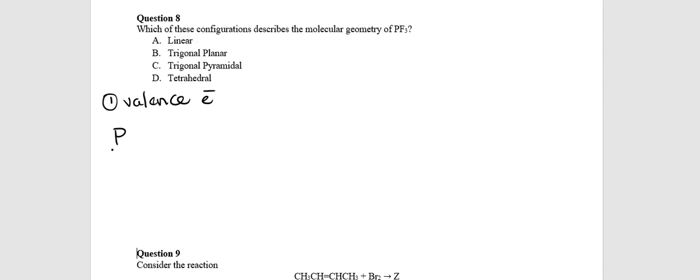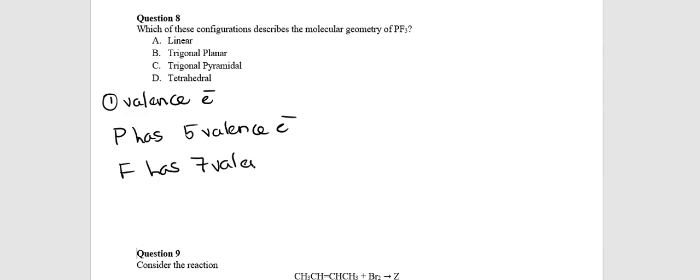All right, P has 5 valence electrons. If you want to know how many valence electrons P has, try to find it on the periodic table. It is right below nitrogen, so in the same group, which means it has the same number of valence electrons, which is 5. And fluorine has 7 valence electrons.